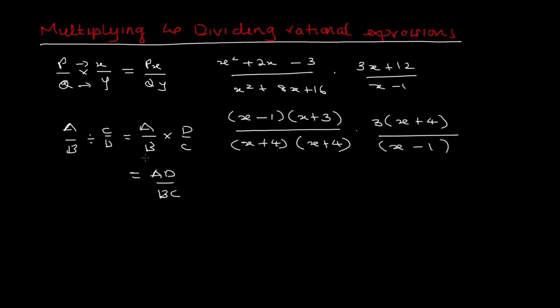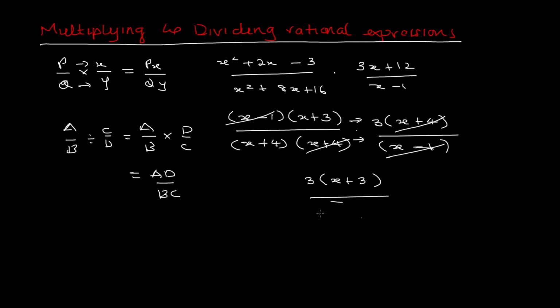Now we gave an example before this one where we were cancelling some of these to simplify. So I can cancel these two. Then I can also cancel any of these with that. So then we do the multiplication now. So that's 3x plus 3. That's what's remaining on top.